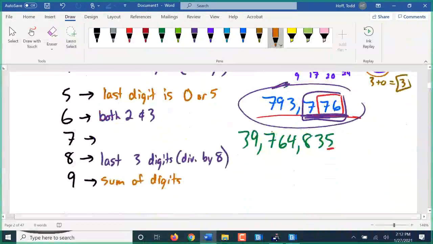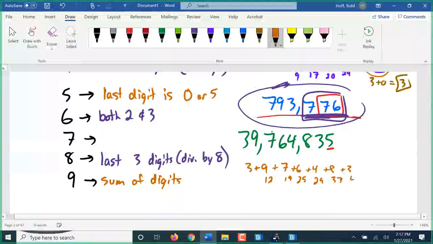Let's try this one here. 3 plus 9 is 12 plus 7, 15 plus 6, 25, 5 plus 4, 29, 8, 7, 3, 40, 45. 45. Is 45 divisible by 9? Yes. If we wanted to check, we could do 4 plus 5, which is 9. So yes, that is divisible by 9.